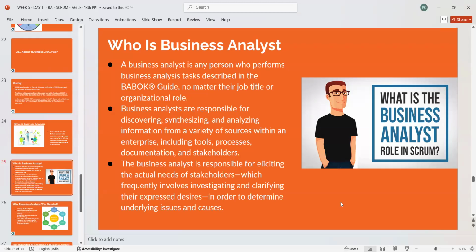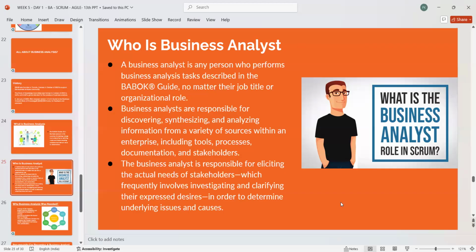We feel that a BA is a person whose organizational profile or job title is BA. But that answer is honestly no. There are people whose job profile is not mentioned as BA, but they still do BA activities.